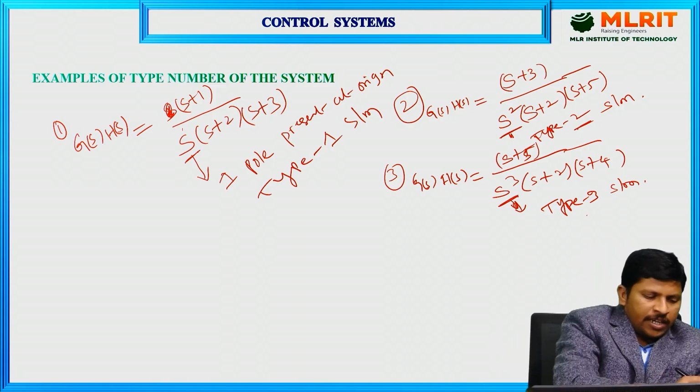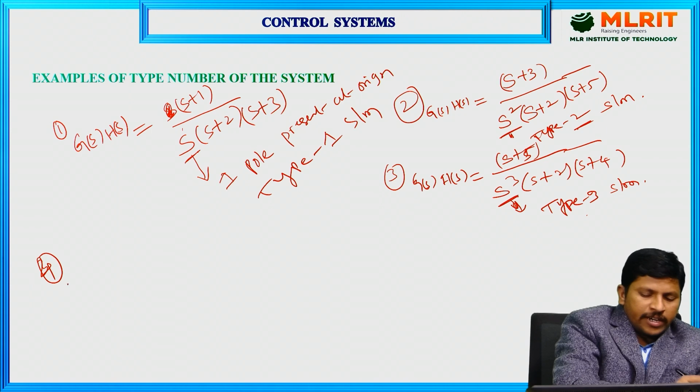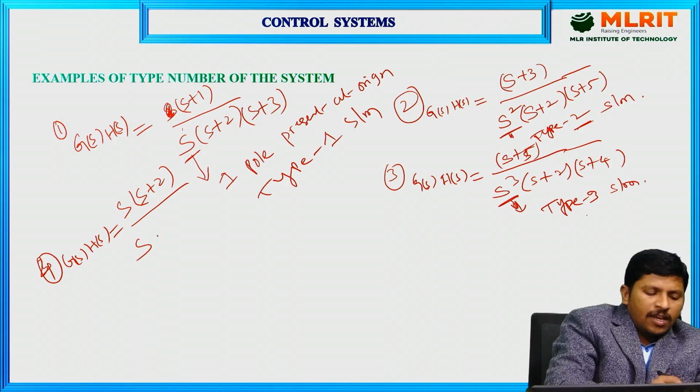One more example. G of s into H of s equals s into s plus 2 divided by s into s plus 3, s plus 4.